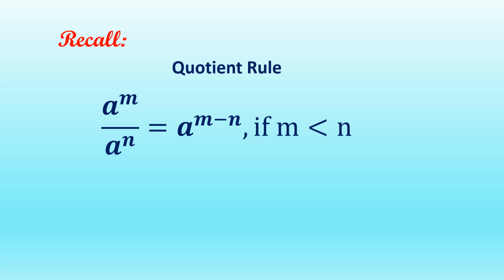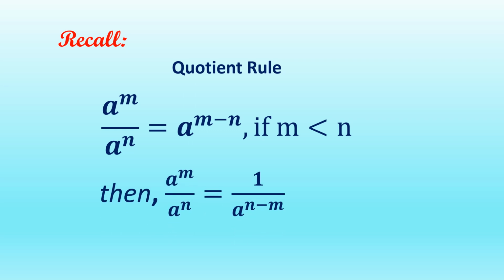If m is less than n, then a raised to the power m divided by a raised to the power n is equal to 1 divided by a raised to the power n minus m. If you notice, m and n are interchanged here. And we're going to explain this in the sequence that we're going to observe.